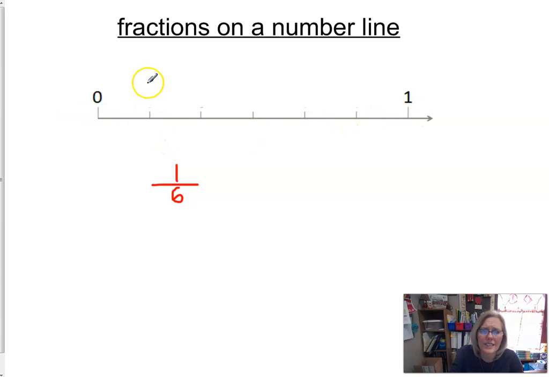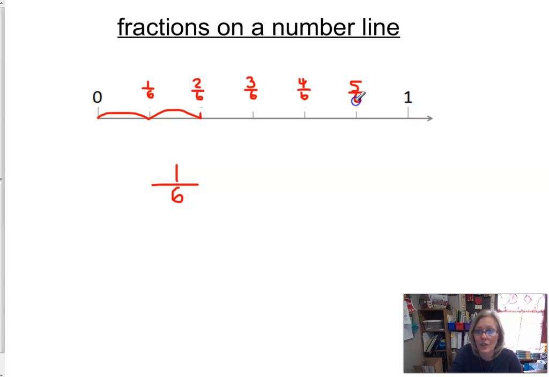And if I were going to label this number line, I would say this is 1/6 from here to here. If I took another hop, that would be 2/6, and then here would be 3/6, and here 4/6, and here 5/6.